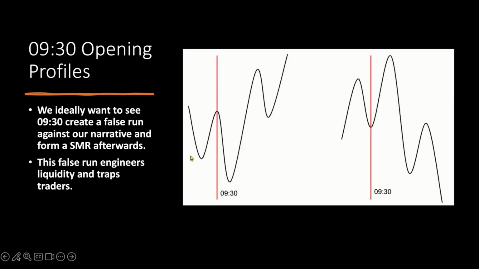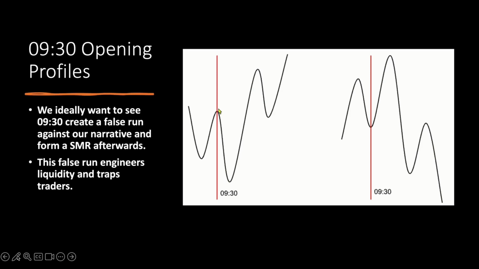On the left side, we can see what occurs if we're bullish. The market is trading lower and then pre-9:30 a low gets engineered right here. And from the 9:30 opening, the market completely rips lower. This repricing lower is the final manipulation leg before buy-side delivery comes next.